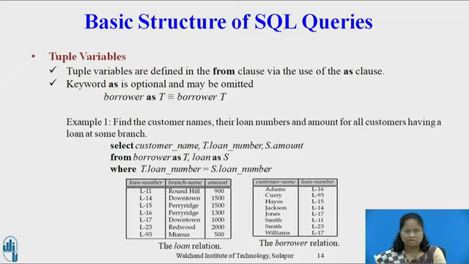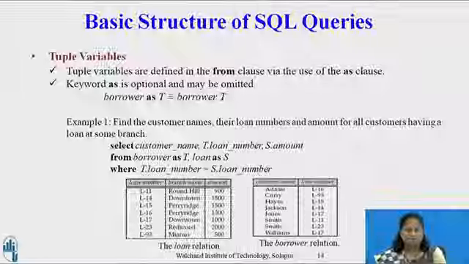Tuple variables are defined in the from clause by placing them after the name of the relation with which they are associated, with the keyword as in between. The keyword as is optional and may be omitted, so borrower as T is equal to borrower T. Tuple variables are most useful for comparing two tuples in the same relation.